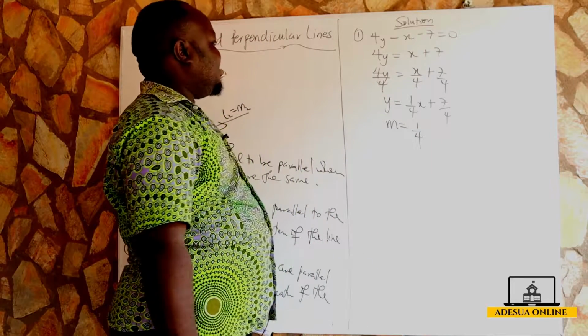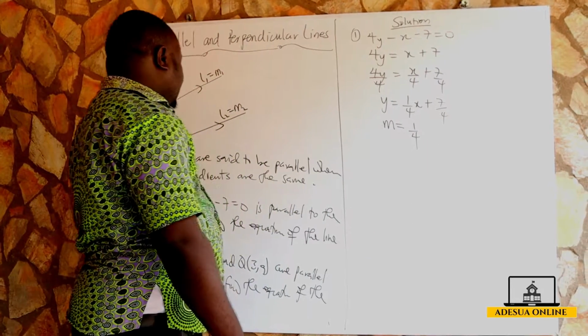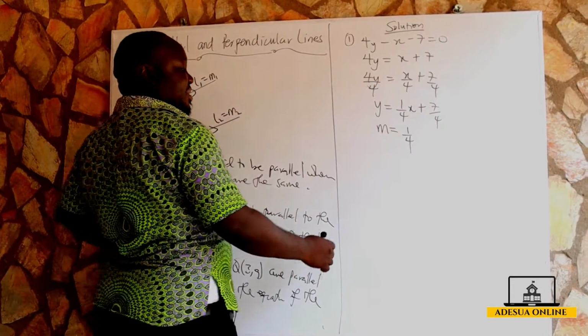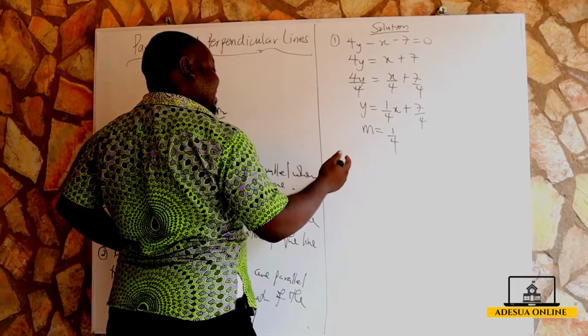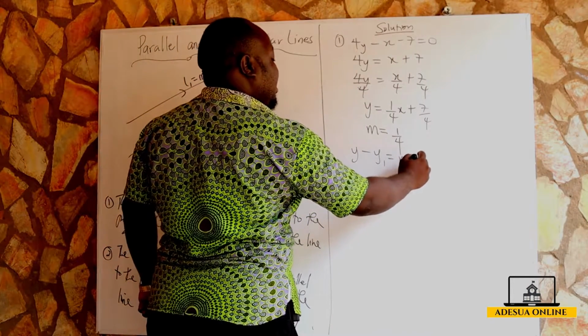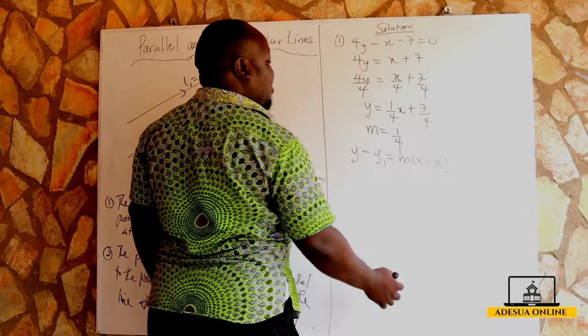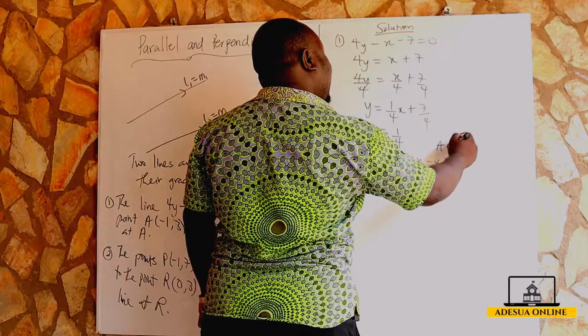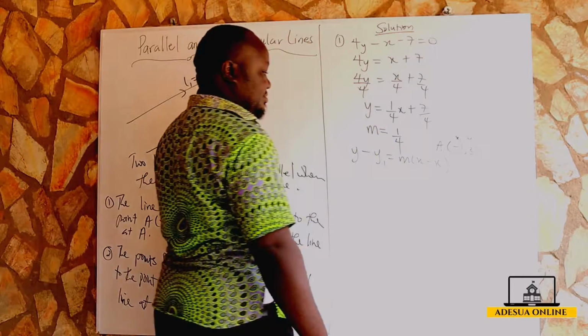Now, if our gradient is 1 over 4, we need to get the equation of the line at (-1, 3). So using the general equation of the line given a point, the one I gave to you earlier on, y minus y1 equal to m times x minus x1, we are going to treat A, (-1, 3), as our x1 and y1 respectively.